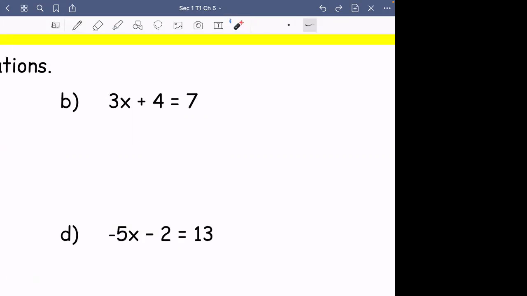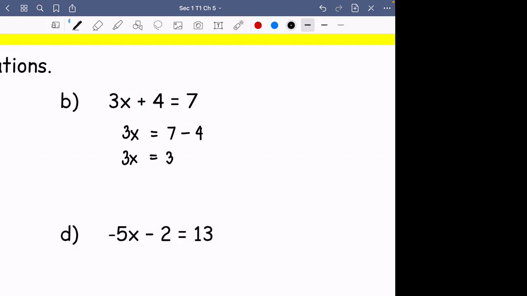First, we need to isolate x on the left side, right? So first, I'll transpose 4 to the right side. I'll bring down 3x equals 7. Therefore, positive 4 here becomes -4. Then we bring down 3x equals, what is 7 minus 4?